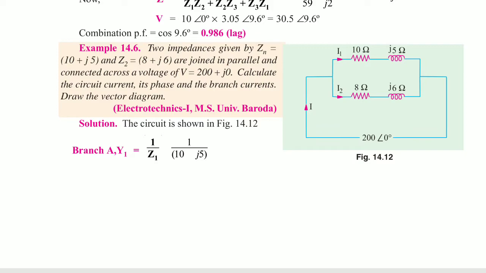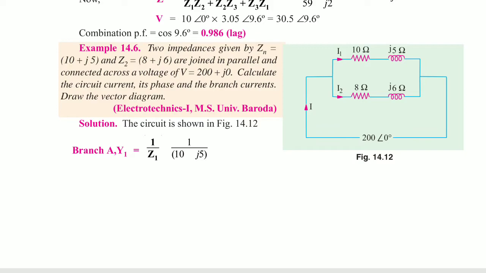So we are going by another method, that is the admittance method. What is admittance? Y is nothing but the reciprocal of impedance. So now determine Y1 in branch A and Y2 in branch 2, and the overall admittance is Y1 plus Y2.